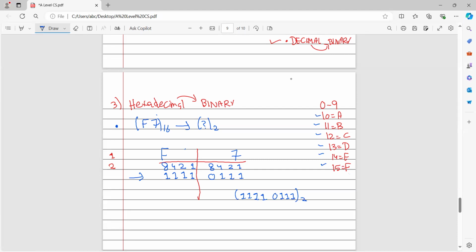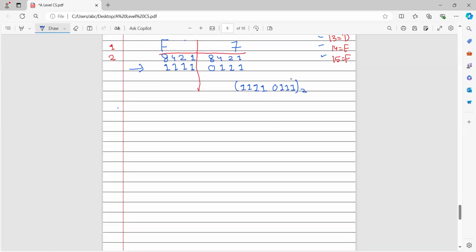So let's work on another example so that your concepts are all cleared. For example, if I have another number such as F04, this is a hexadecimal number, and you want to convert this into binary. So what you are going to do is, again, split this into three sections: F, 0, 4.